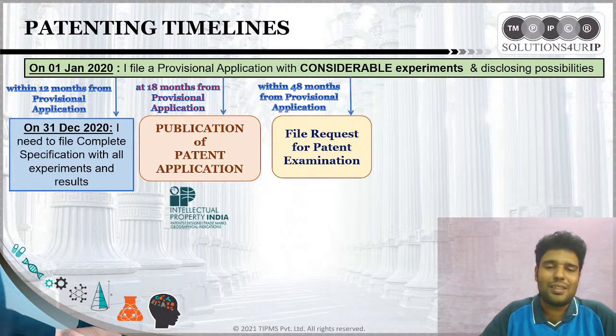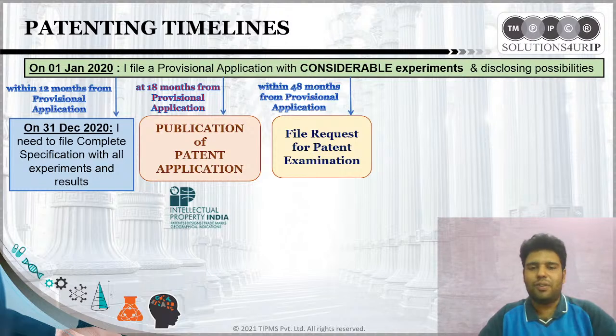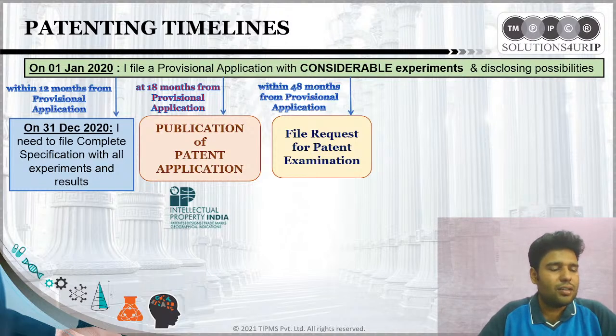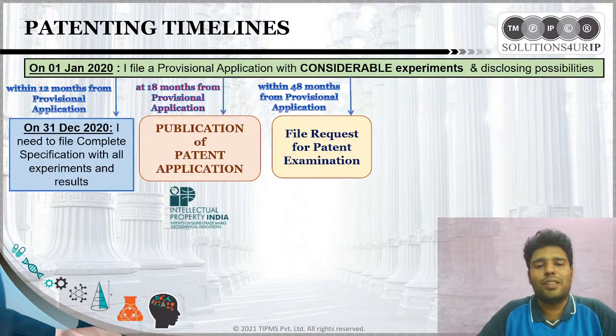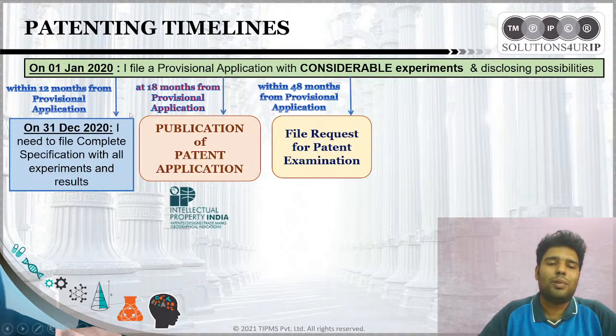In such case, the request for examination for the patent is not going to be entertained at all, because to examine your patent, to publish your patent, you have to file the complete specification. If the complete specification is not filed, the patent cannot be published, the patent cannot be examined.